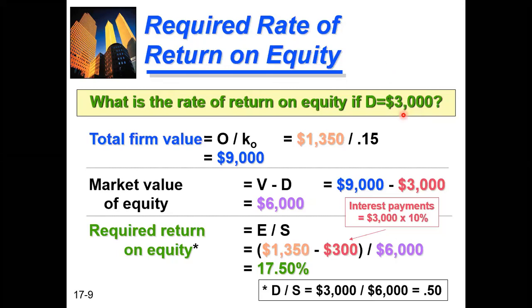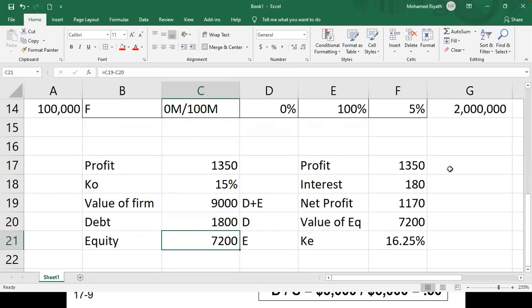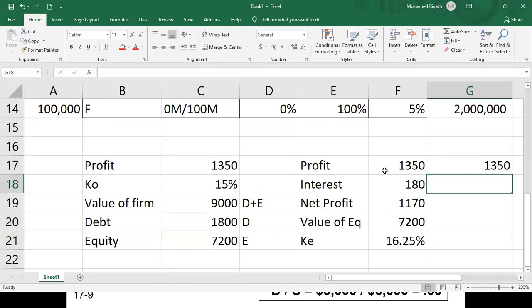Now, we will do the calculations. Profit is the same. Debt equals 3,000. Therefore, how much is the interest at 10%?